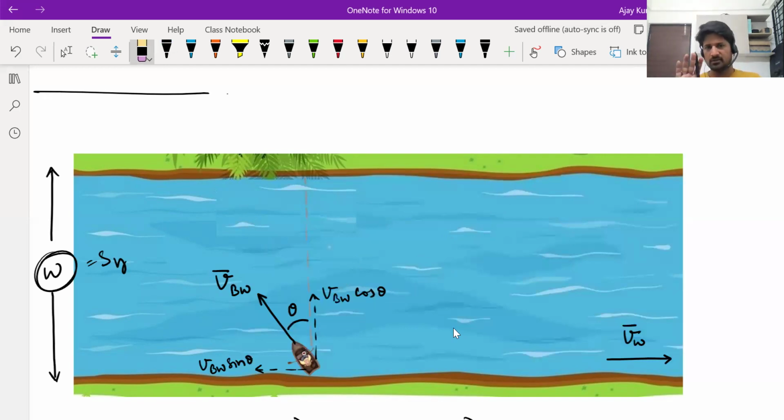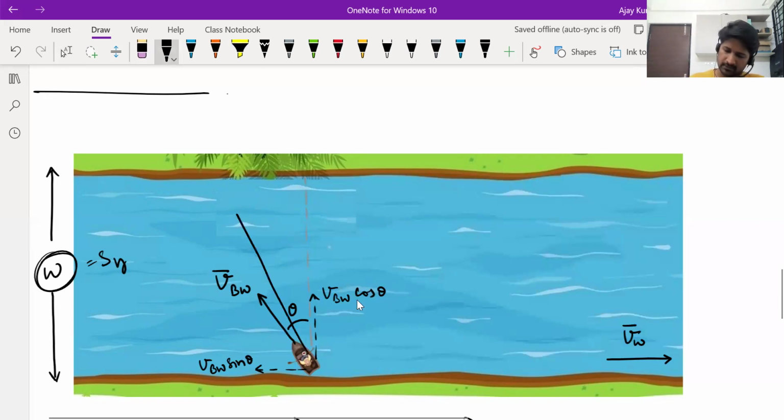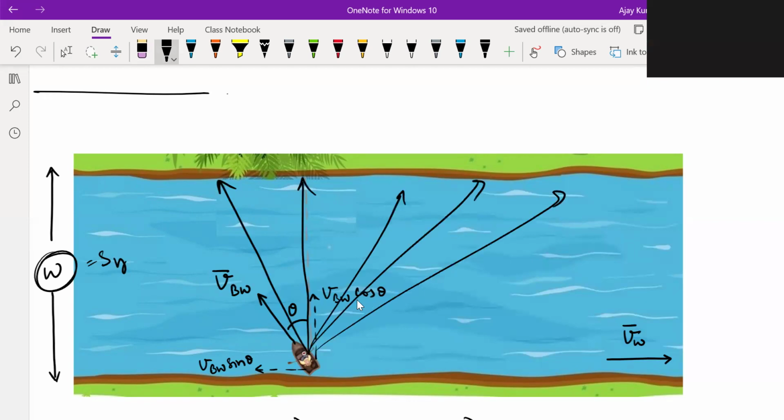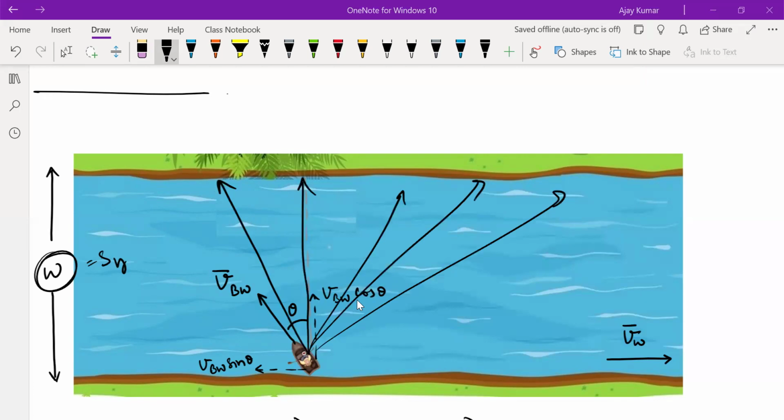But what helps it cross the river is the Y component, and irrespective of the path along which it crosses the river, the Y component of displacement is always the width itself.